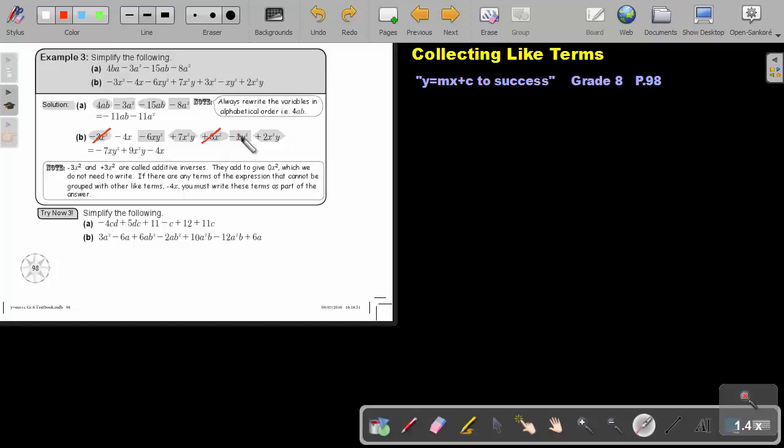If the signs are the same, keep the sign and add the numbers. Remember, they're standing as 1, so that's why I get 7, and just rewrite the variable. And then look at this one, 7 plus 2, that's 9x squared y. And what do we do with this one? We just rewrite it. So my final answer will have 1, 2, 3 terms.